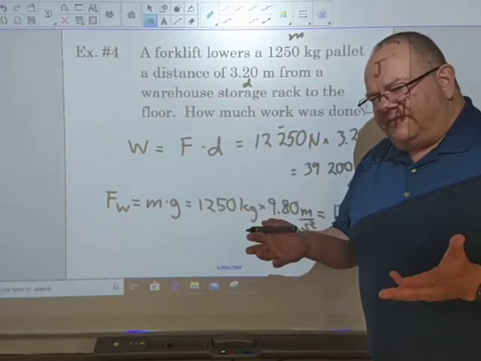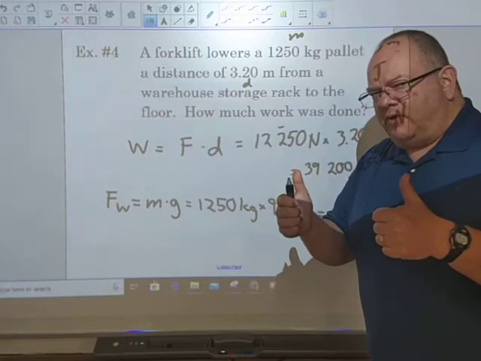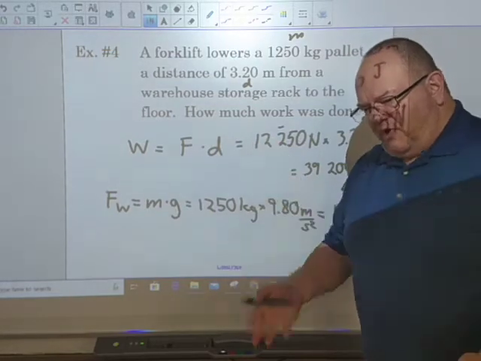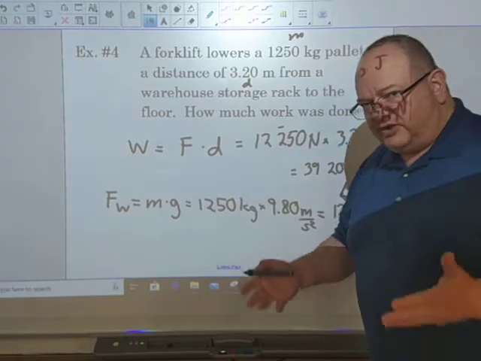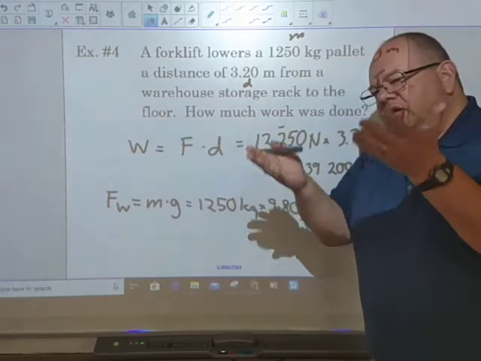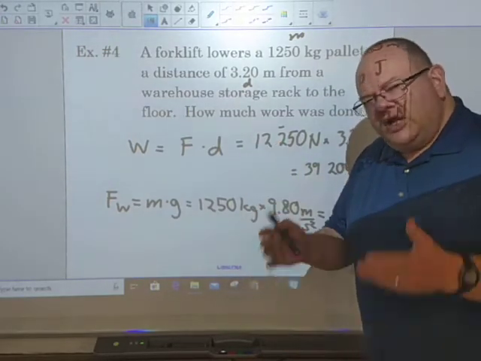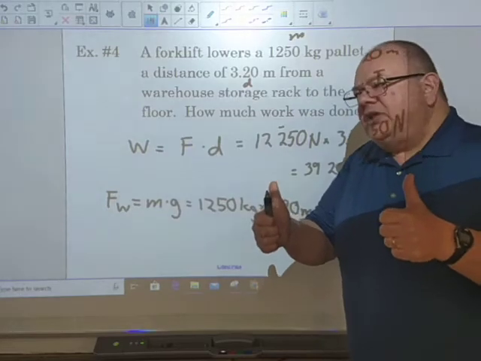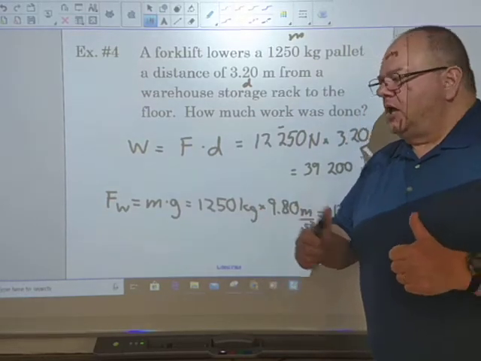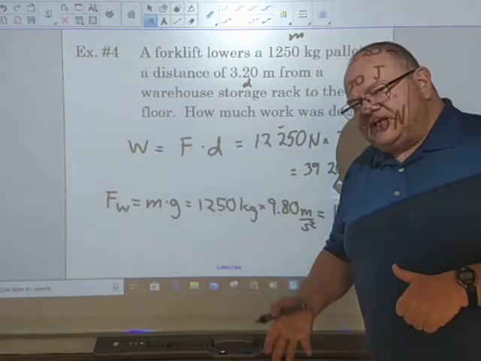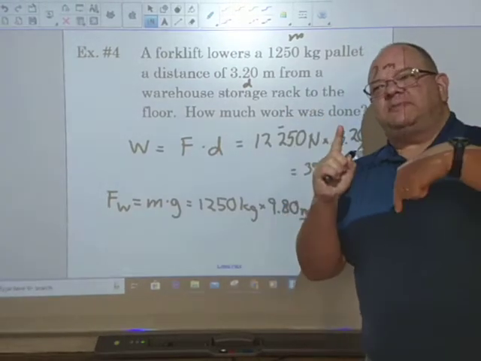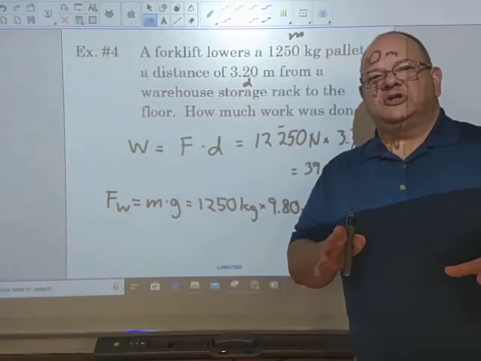If the forklift wasn't applying an upward force, this stuff would just be falling at acceleration of gravity, and it's not. It's being slowly lowered to the floor. So the forklift is actually lifting up, but the displacement is down.